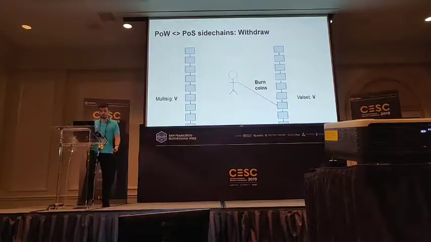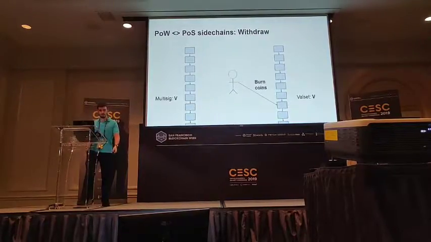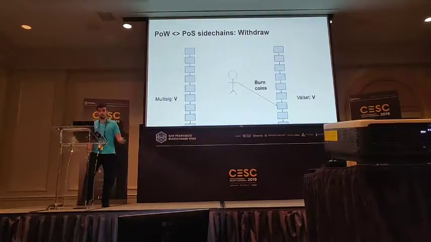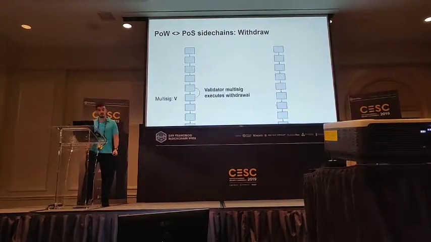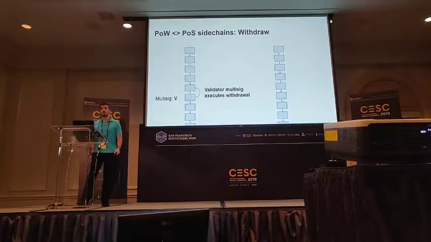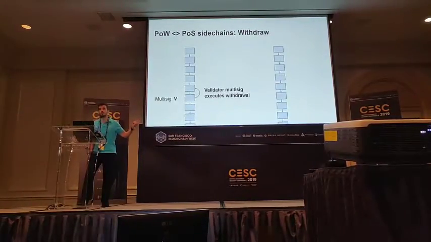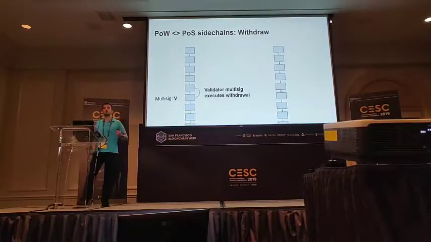However, when I want to withdraw, note that now we have the validator set, which is the same in both chains. So what happens is that indeed I burn my coins, but instead of having to broadcast an SPV proof, and how are you going to do an SPV proof on a proof of stake sidechain? There is no notion of work.